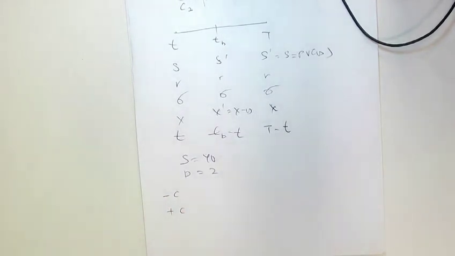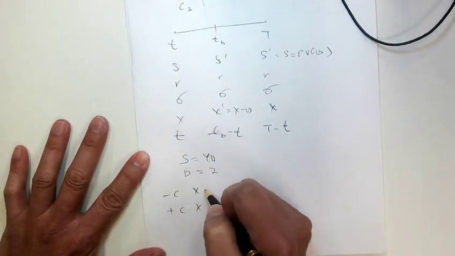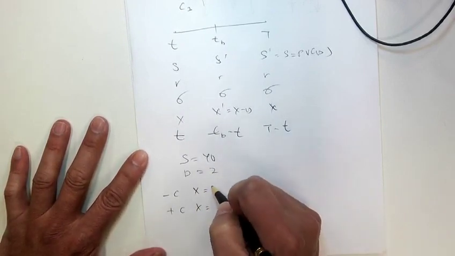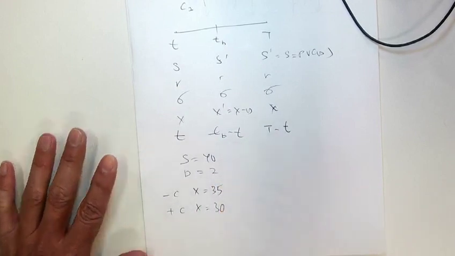Because then the difference in the 2 strike price would then allow you to arbitrage on it. So let's say this is, for ease of calculation, let's just say 30.